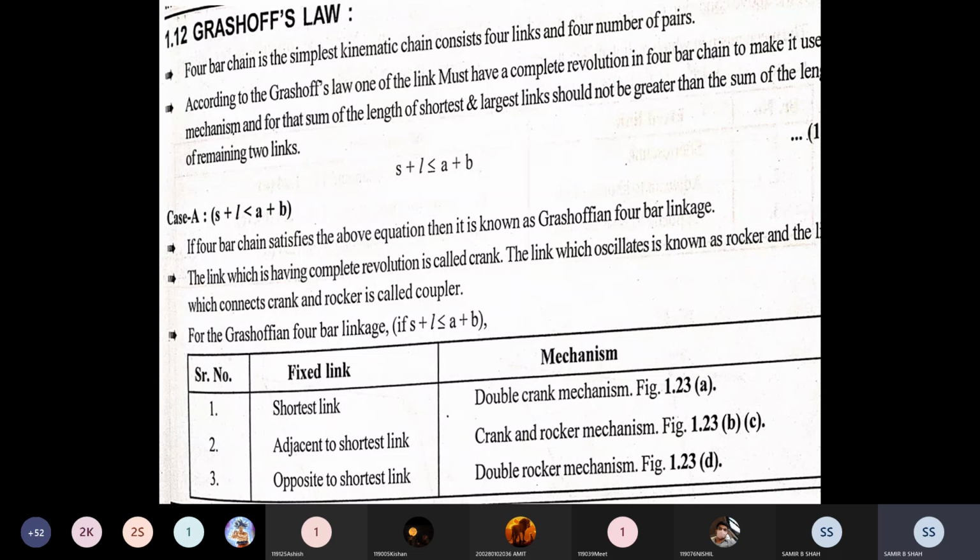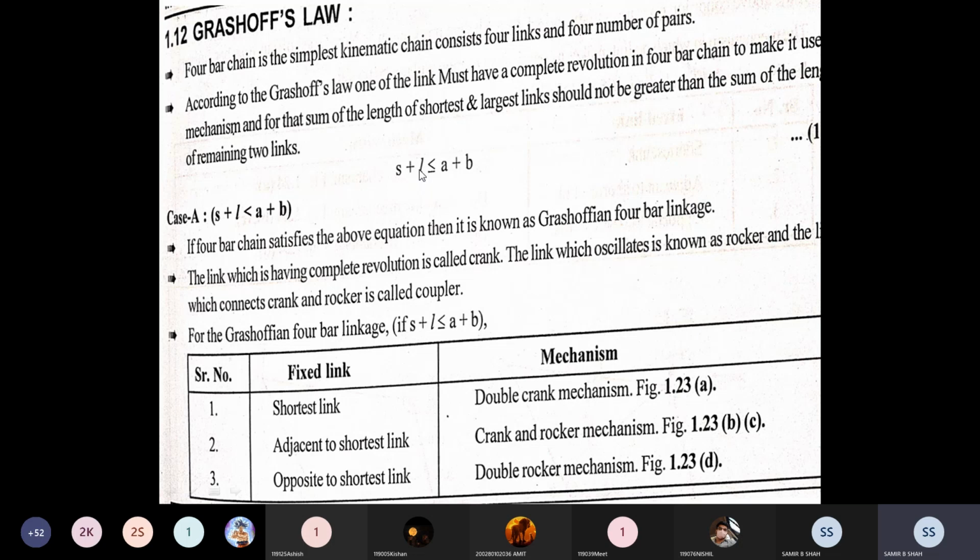Now how do we implement it? For implementing that law, we just have to identify this equation: the sum of the lengths of the shortest link and the largest link should not be greater than the sum of the remaining 2 links. Okay, there are 4 links.